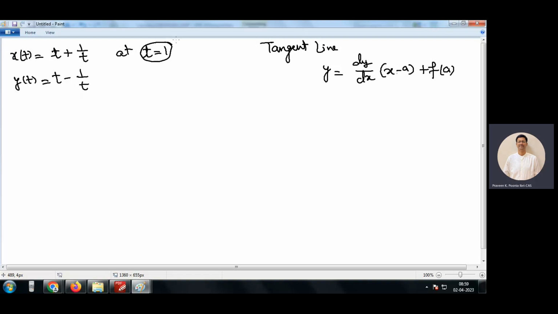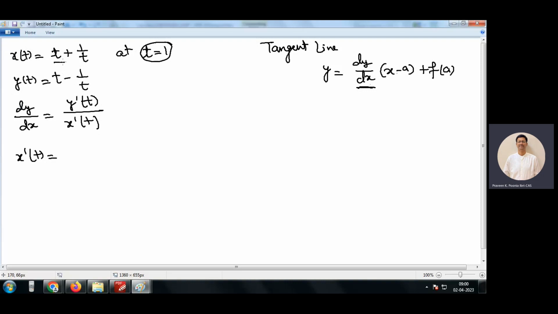So how to find it? It is very easy, it is not difficult. First we need to find dy by dx. The formula for dy by dx is y prime t upon x prime t. So let us calculate x prime t.